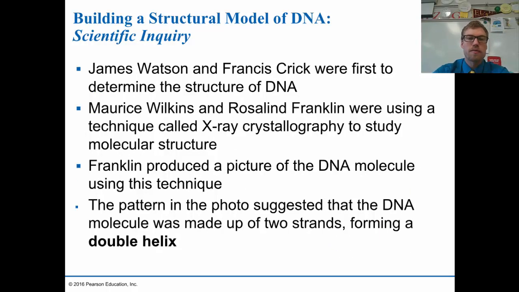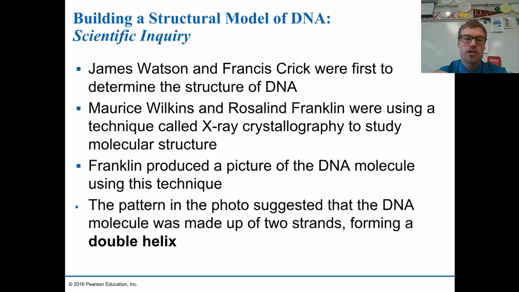So Watson and Crick were the first people to actually determine the structure of the DNA. However, they didn't really do any experiments themselves. They just built on the work of other people. So Wilkins and Franklin were using a technique called X-ray crystallography to study the molecular structure of DNA. And Franklin was actually able to produce a picture of the DNA molecule.